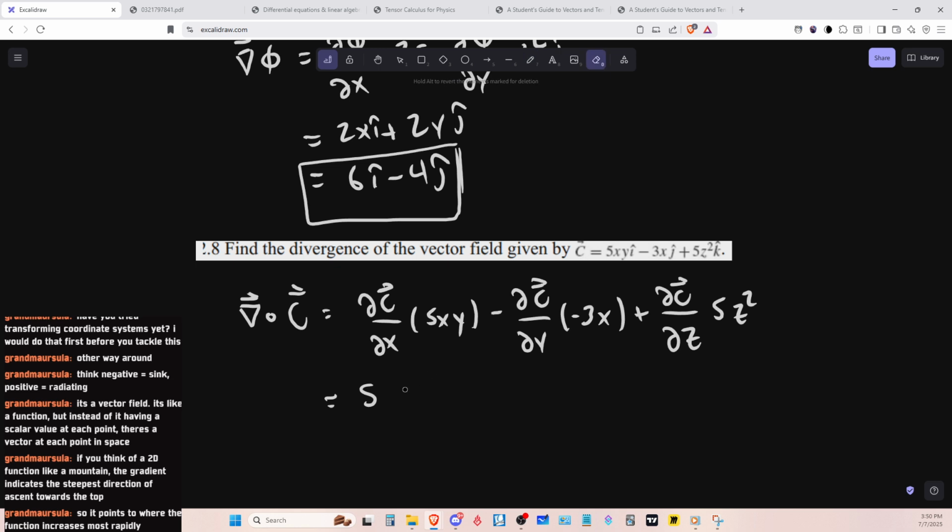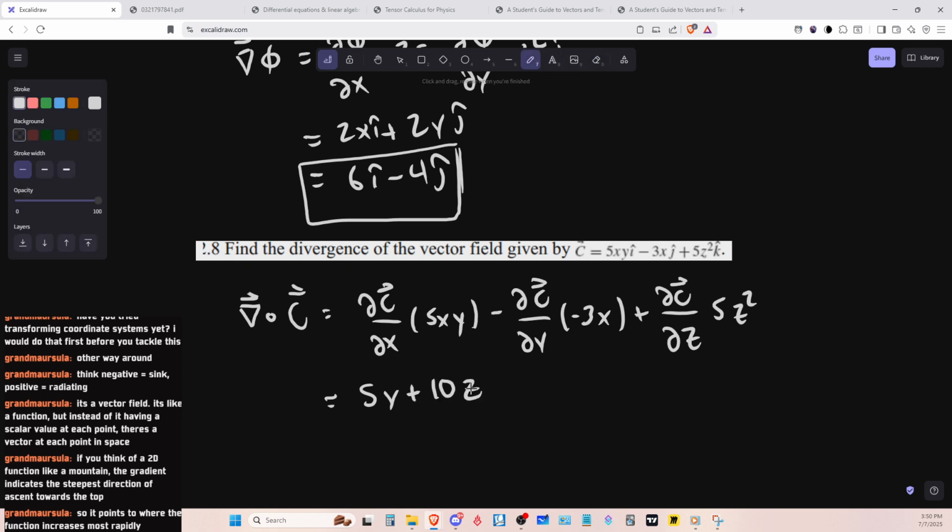It should be 5y. 5y plus, well, actually, this one goes to 0 because there's no y in it. This one goes to plus 10z. And I think that is the answer.